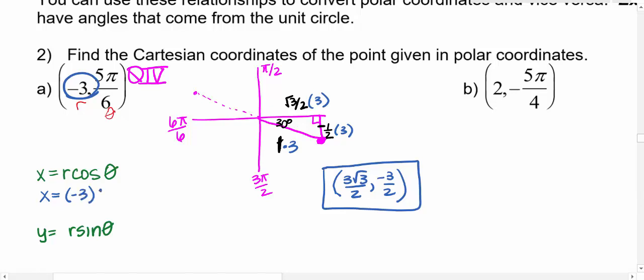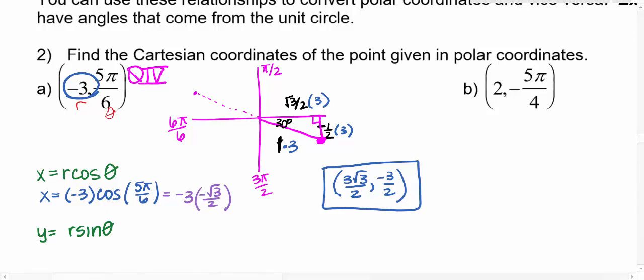R is negative 3 cosine of 5 pi over 6. Now, again, you have to know what the cosine of 5 pi over 6 is. This one would be, because you're in the second quadrant over here, negative square root of 3 over 2. And that's where I get positive 3 rad 3 over 2.